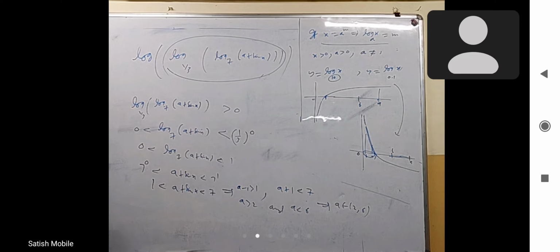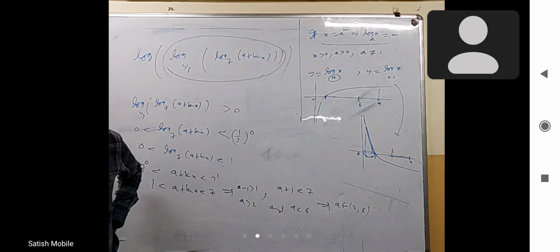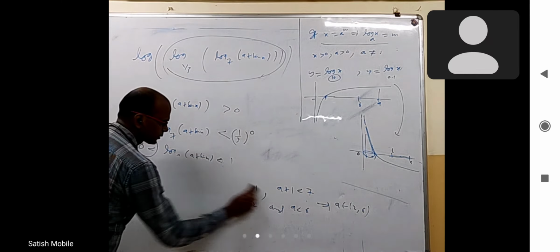Cos of 4x cube minus 3x. Okay, good. Sit down. Is this clear? Okay. All right.